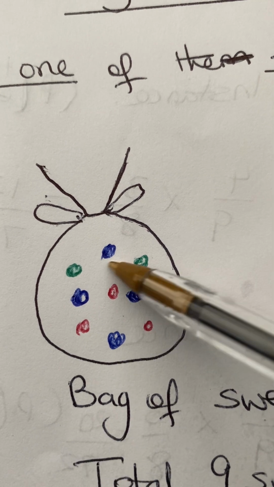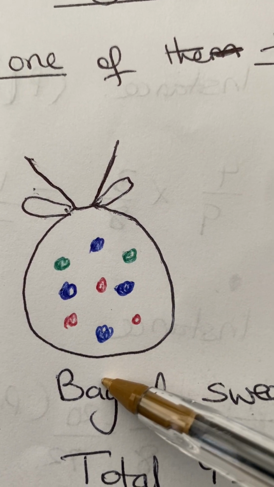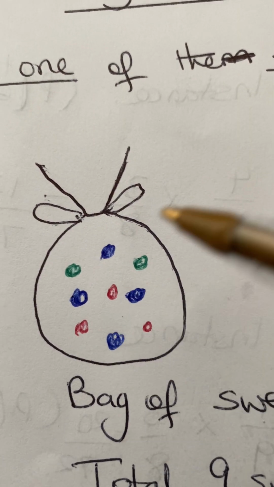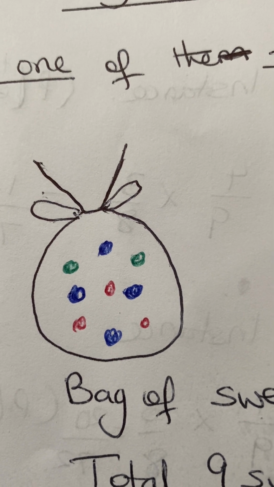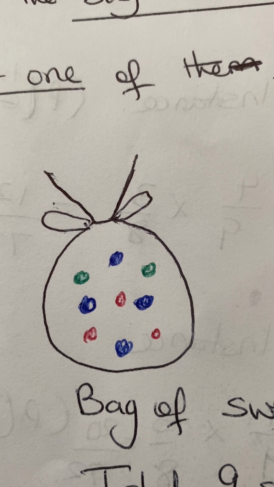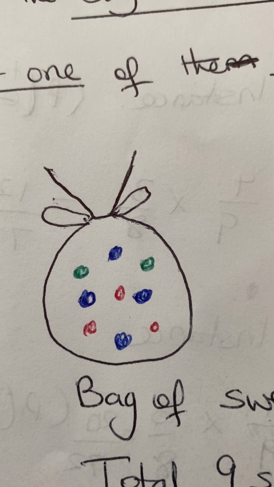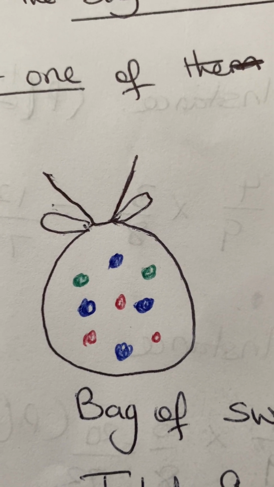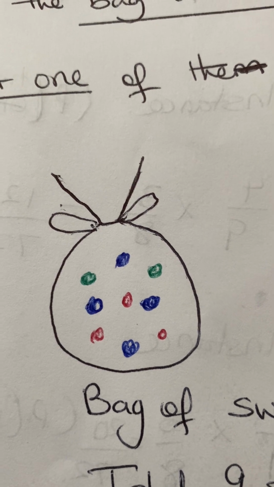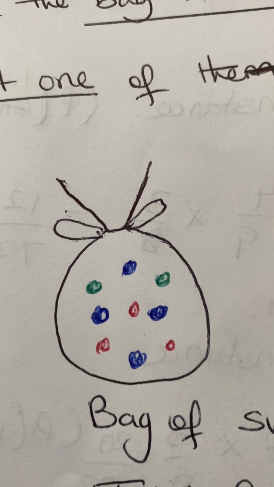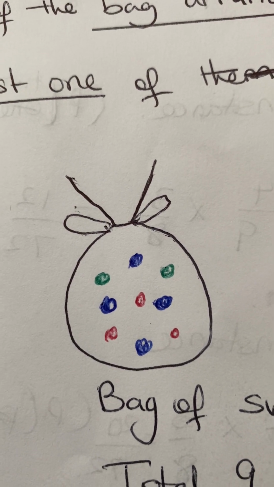Because the question is about blue sweets, I didn't need to know whether the other ones are red or green. All I need to know is that in total, all the sweets in the bag are 9. So if I pick a blue first, it will be 4/9. If I pick a non-blue first, it will be 5/9. Okay, so keep this at the back of your mind.